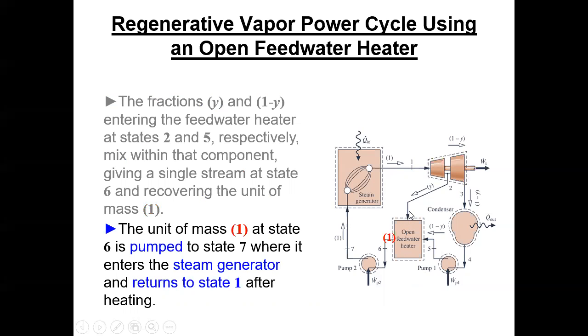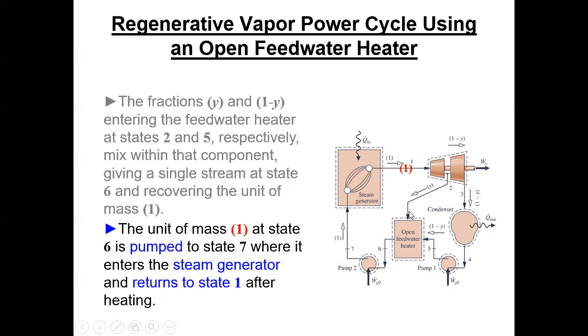The unit of mass 1 at state 6 is pumped to state 7, coming out of that second pump, and it goes back to the boiler or the steam generator, where the heat transfer goes in and we generate steam and come back. There we go. So, any questions on that?